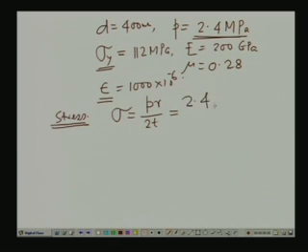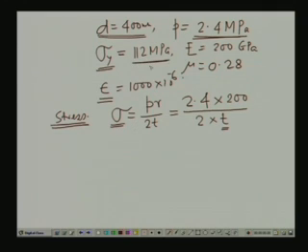So, 2.4 times the radius, which is 400 divided by 2, that is 200, divided by 2 times T. T is the thickness which we will have to evaluate, and mind that this stress is limited to 112 MPa. So, this is equal to 112 MPa.